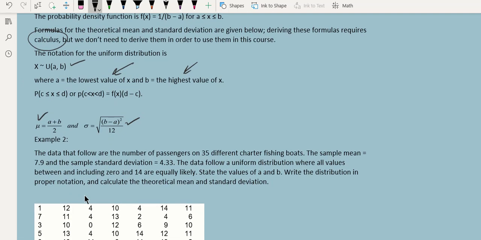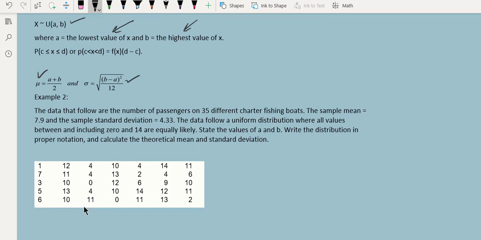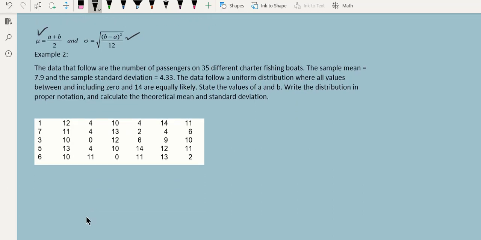All right. So if we do an example really quickly, it says example number 2, the data that follow the number of passengers on the 35 different charter fishing boats. The sample mean is 7.9 and the standard deviation is 4.33.